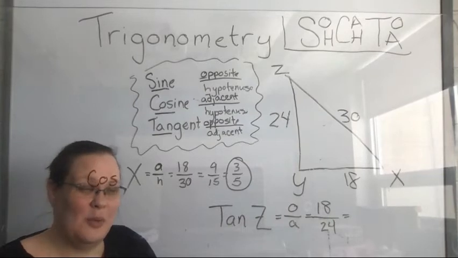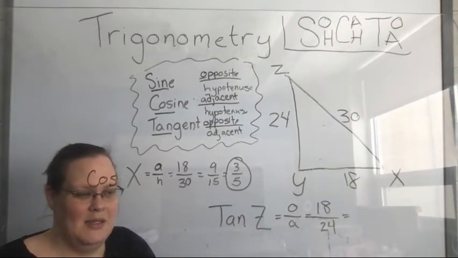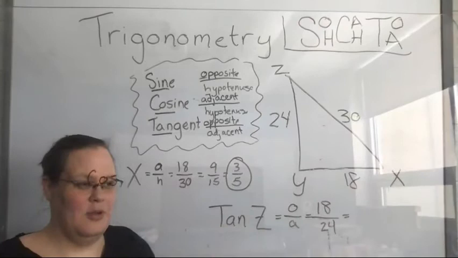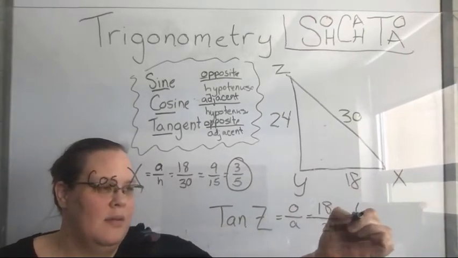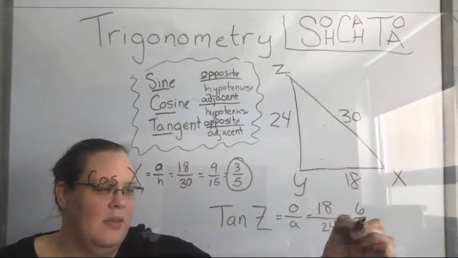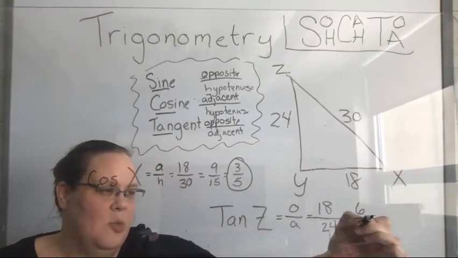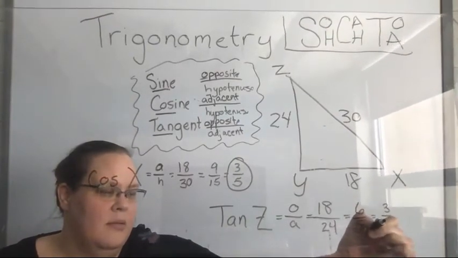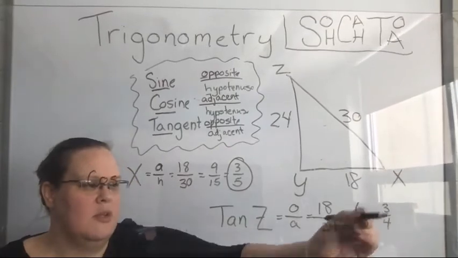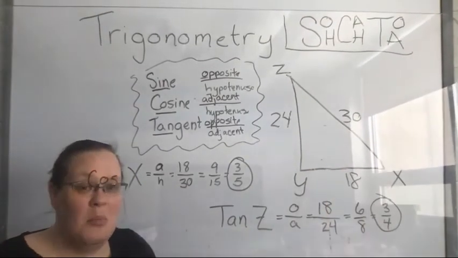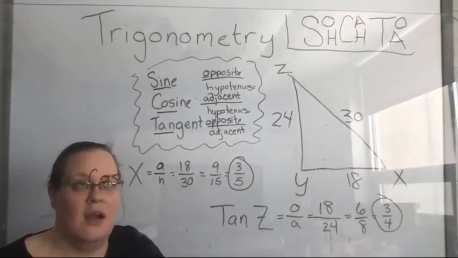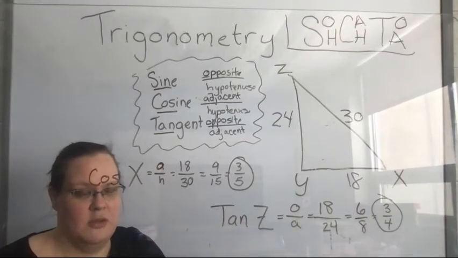Both of these can be divided by 3, so we'll have 6/8, but that can be simplified down more, so we'll have 3/4. Make sure that you end up with your most simplified answer. So these are trigonometric ratios.